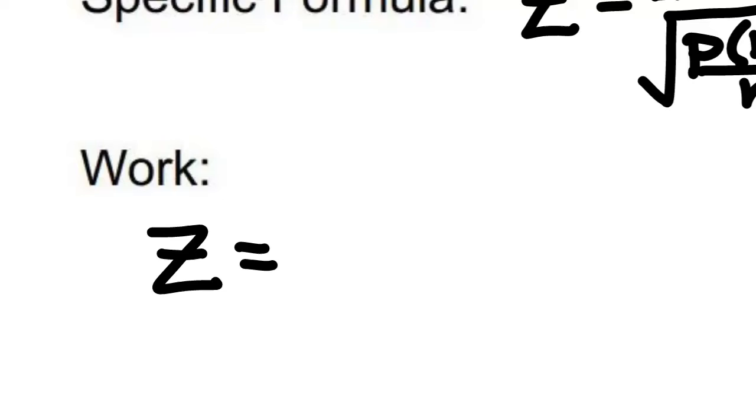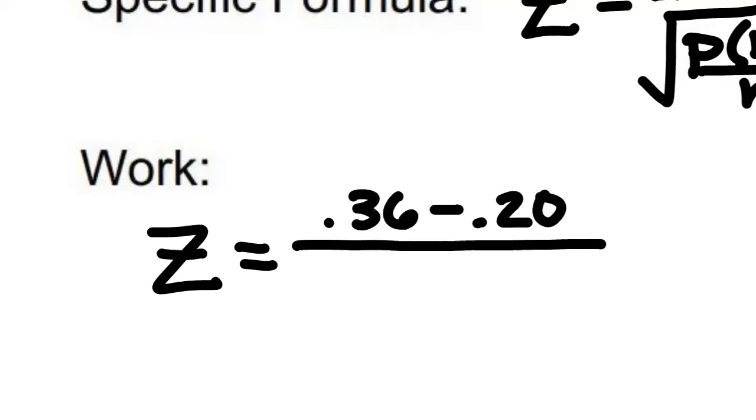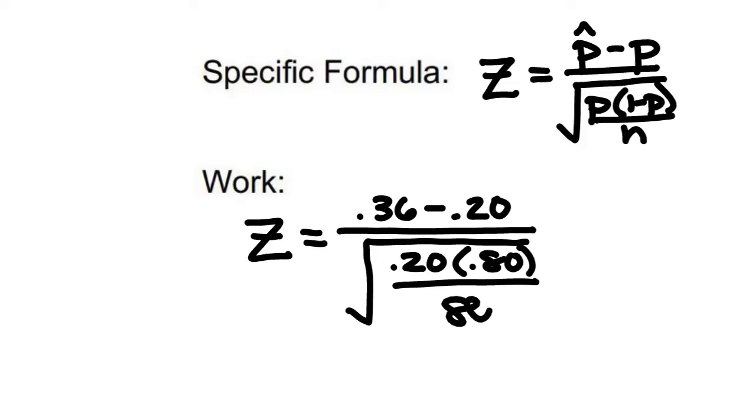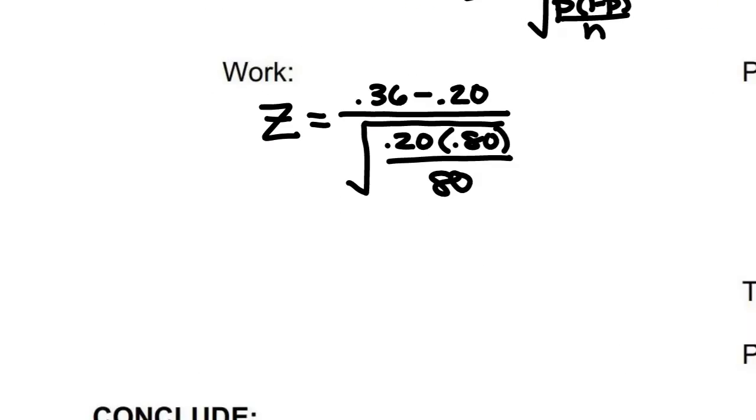So what was our P hat again? 0.36. P is assumed to be 0.20, over the square root of 0.20 times 0.80 divided by what? Divided by 80. Go ahead and calculate the z-score for us.